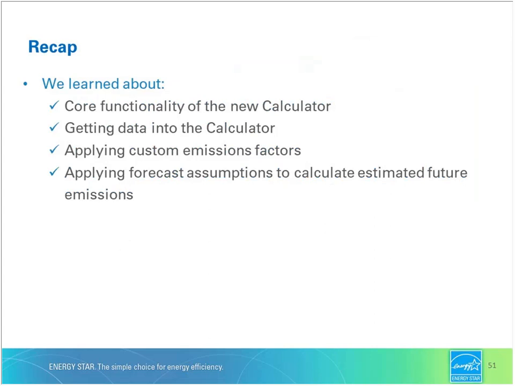And then we talked about using forecast assumptions to calculate estimated future emissions. In doing so, we've gone from A to Z through the entire functionality of the building emissions calculator, from how to get data in from Portfolio Manager all the way to downloading spreadsheet files that document the calculations of the tool.